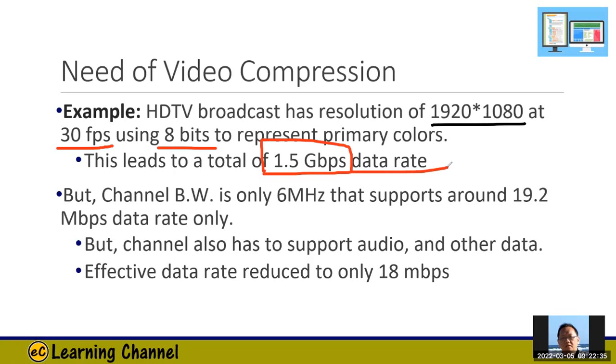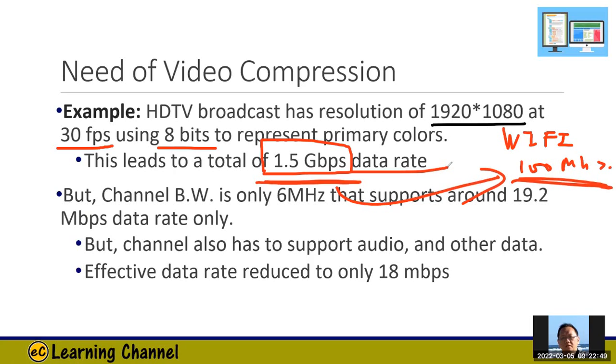Nowadays our Wi-Fi usually is just around 100 megabit per second. So there's no way that you can transmit that data through Wi-Fi. Impossible. So you need to have a certain compression ratio.